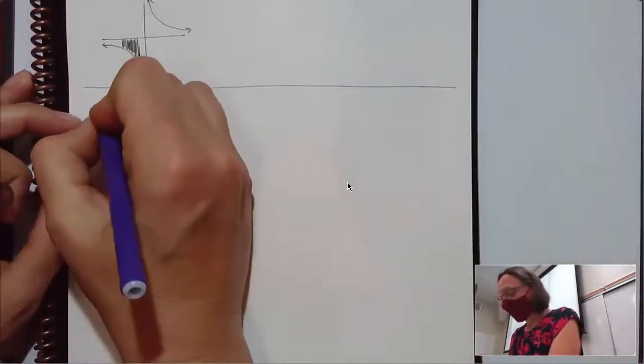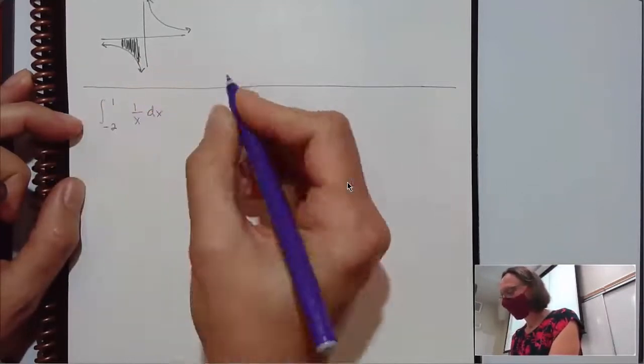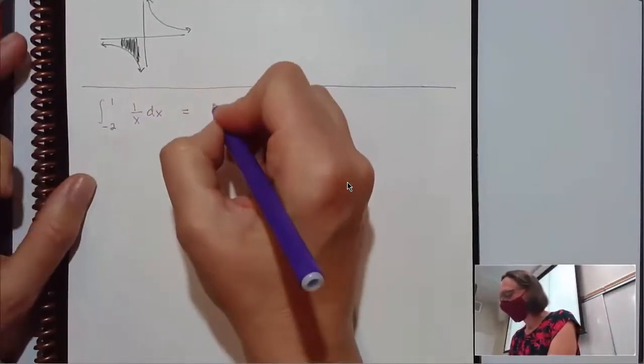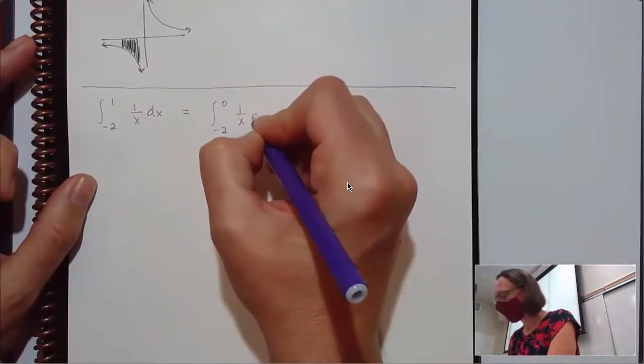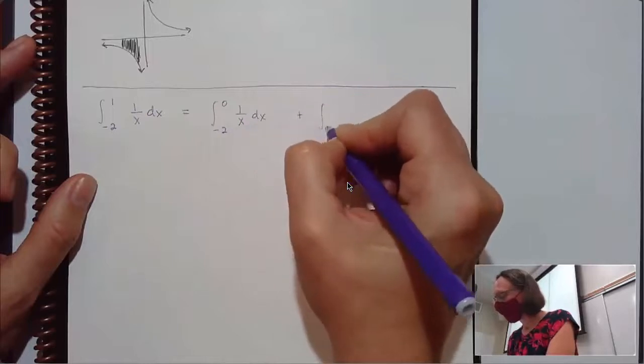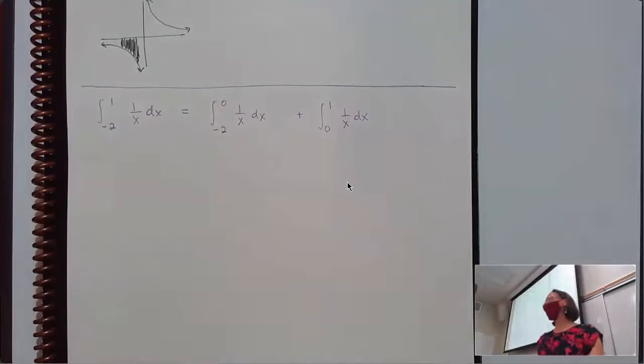So if we had encountered the integral from -2 to 1 of 1 over x dx, we would have to break this up to go from -2 to 0 plus 0 to 1 of 1 over x dx. And both of those are improper integrals because their boundaries are asymptotes.